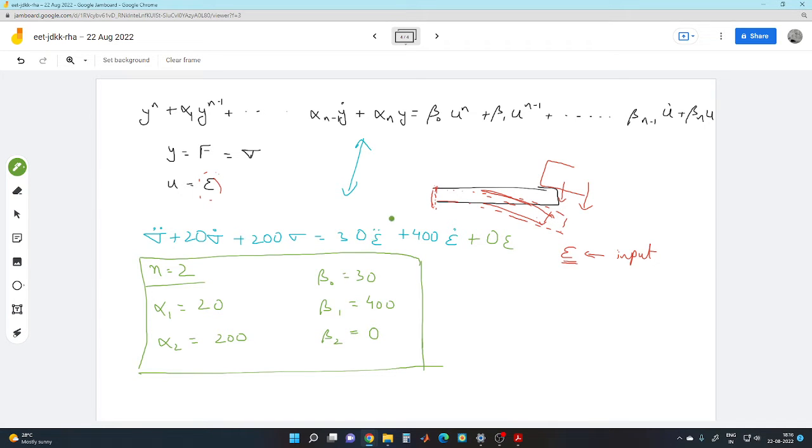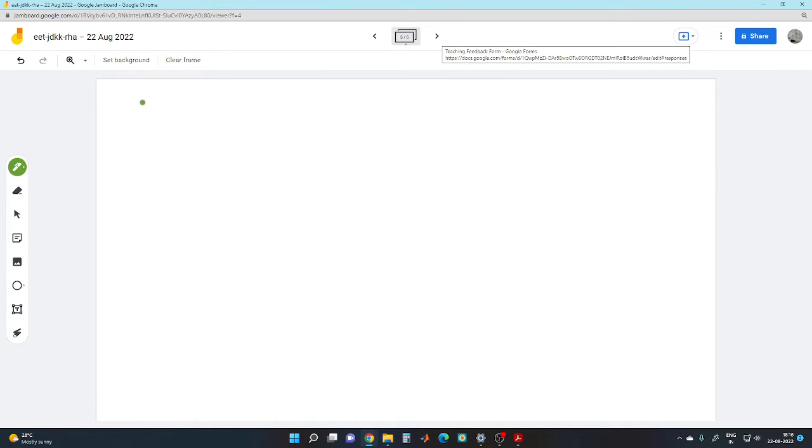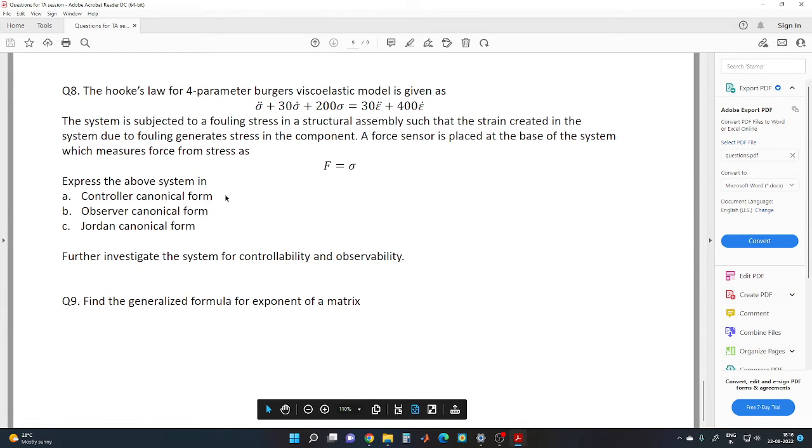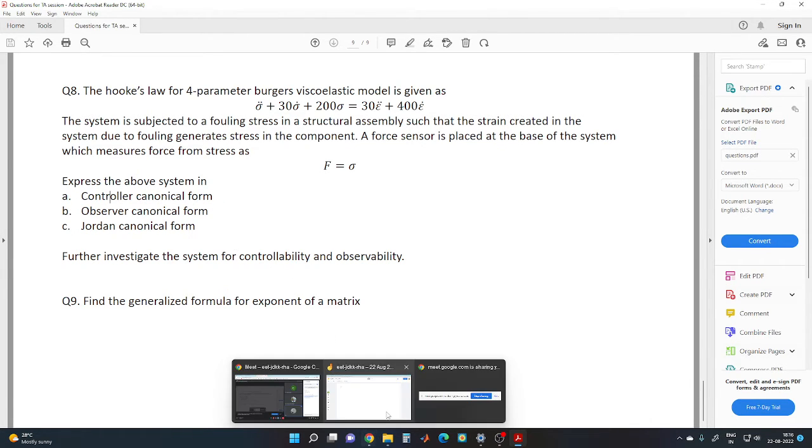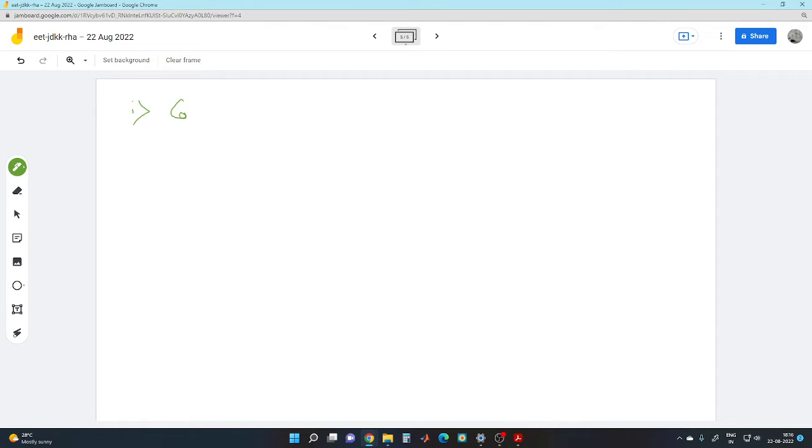And if you remember the class lectures for controller canonical form, the first part says this controller canonical form. So if we go for controller canonical form, A is basically 0, 1, 0, something 0, then 0, 0, 1, 0.